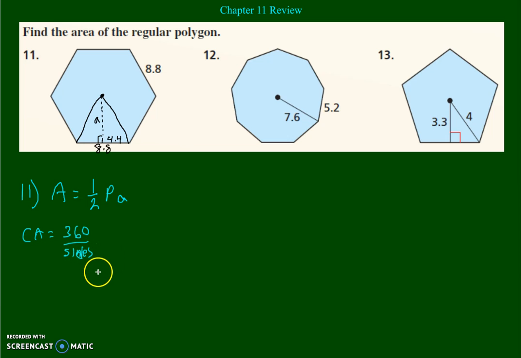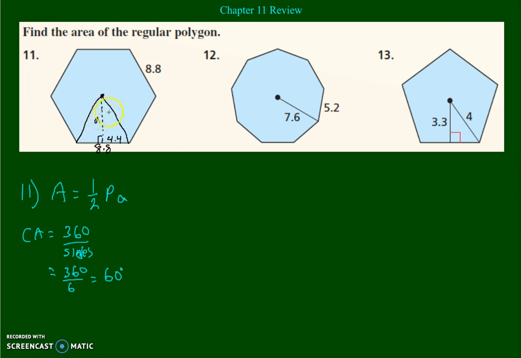That's supposed to be an n. And in this case, it's going to be 360 divided by 6, which, of course, is 60 degrees. That means that each one of these angles up here is 60 degrees. So this whole thing is 60.